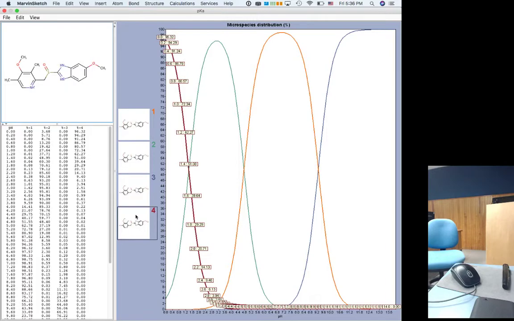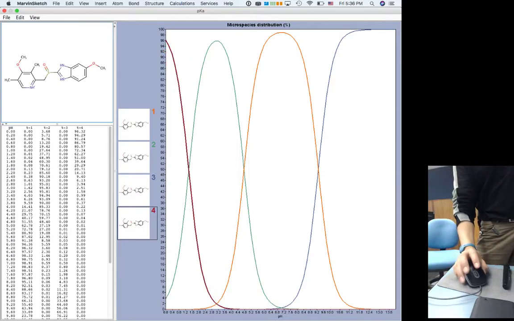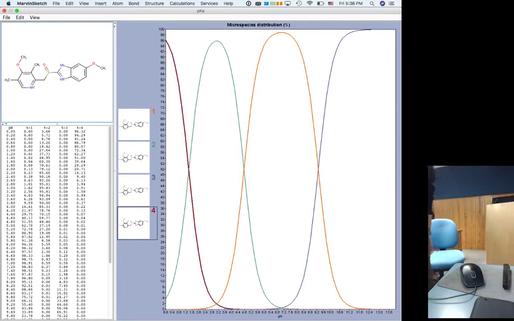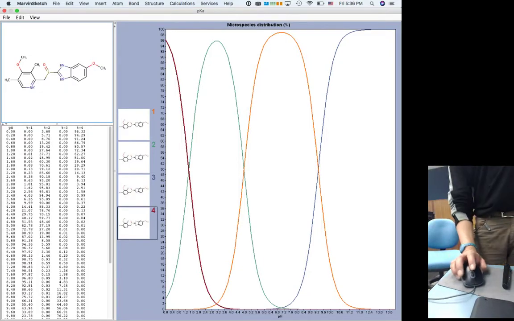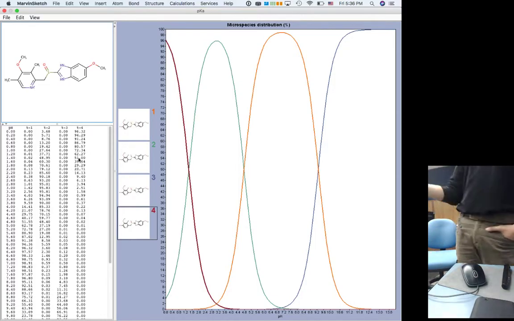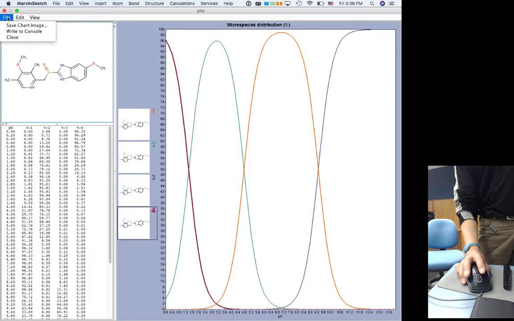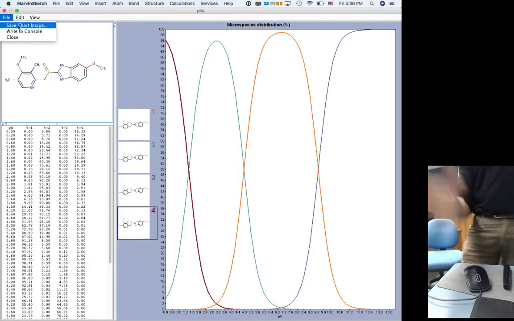And we can compare that. Now that we know this, and I think I have to close it to get back to the other screen. So does anybody have any question about this? You sure? I think you can save this data, these columns of data over here, and plot these in whatever program you want. And you can save everything as an image in case you wanted to use this as data for something else.